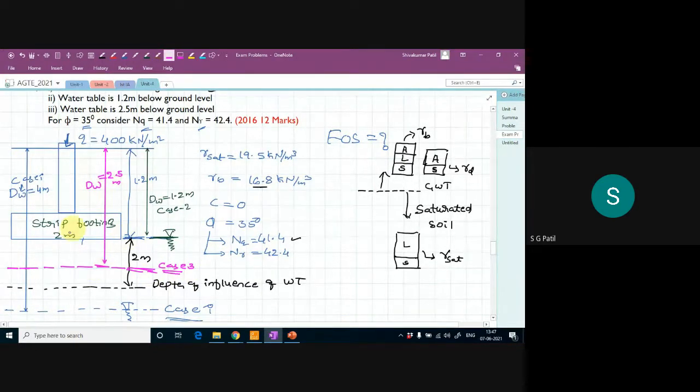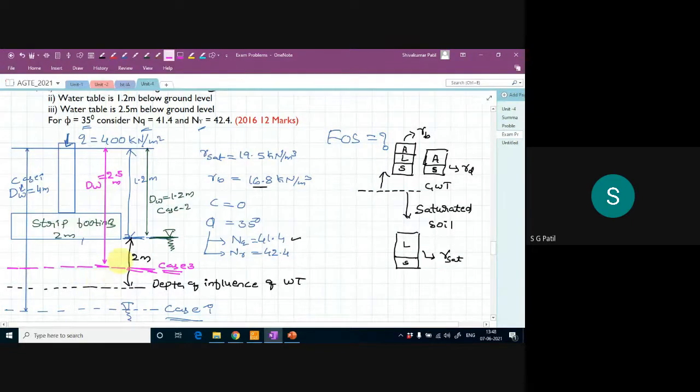Now what will happen? The soil above these pink lines is all in a dry case, and the soil below this pink line is under saturated condition.